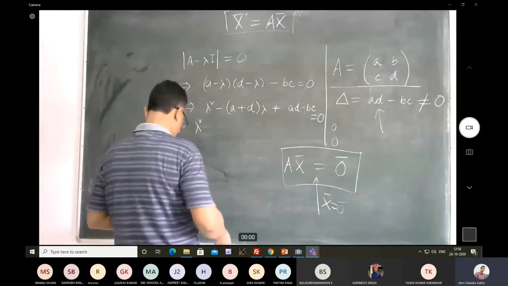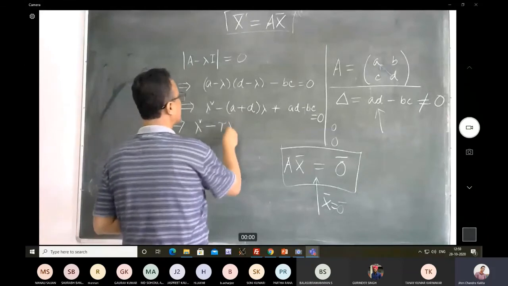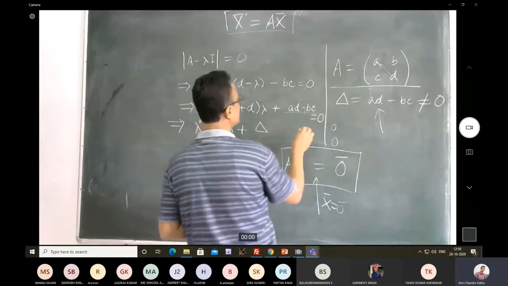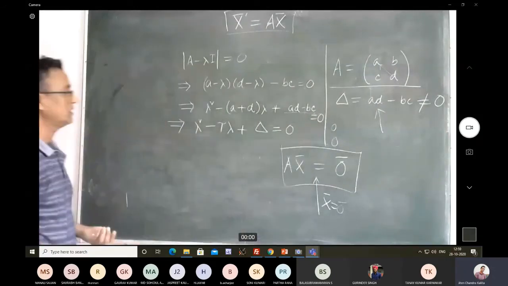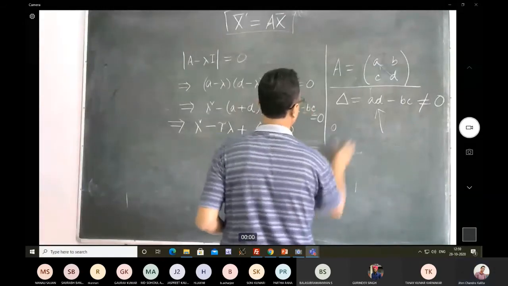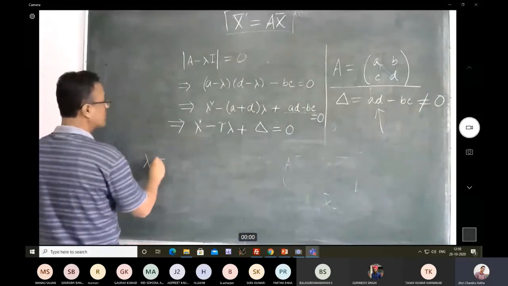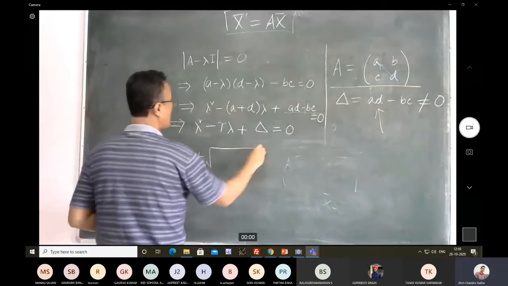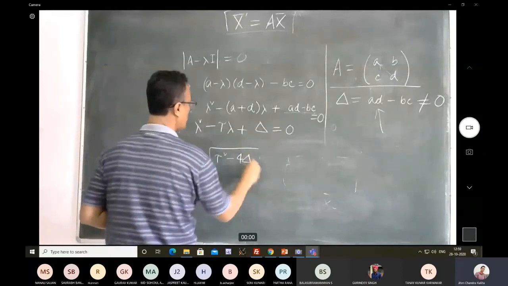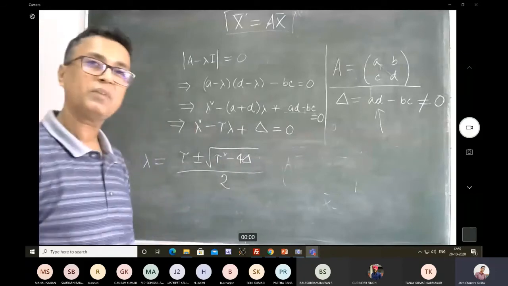So if I denote the trace by tau, and this is nothing but the determinant delta, then the value of lambda is going to be tau plus or minus the square root of tau squared minus 4 delta, all divided by 2. Is it okay with everybody?